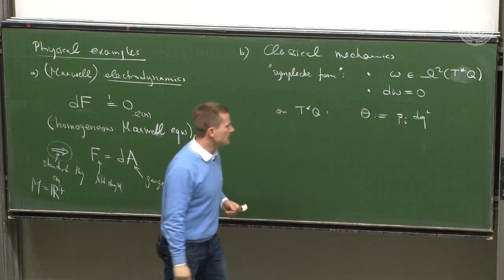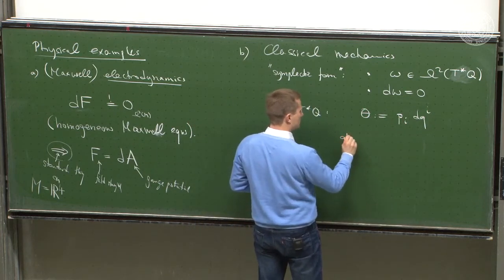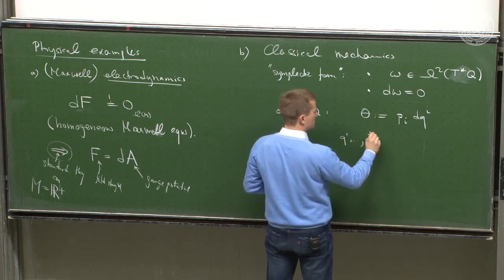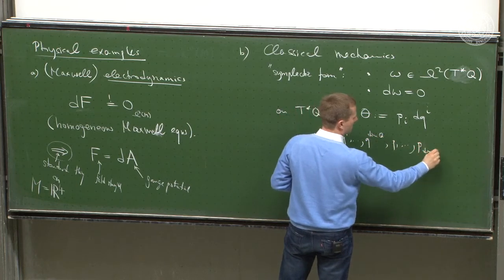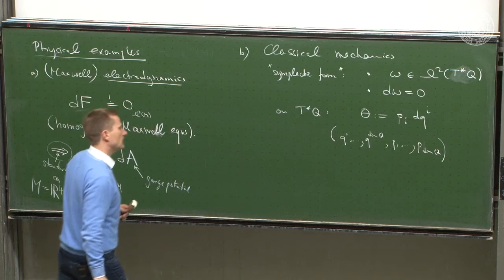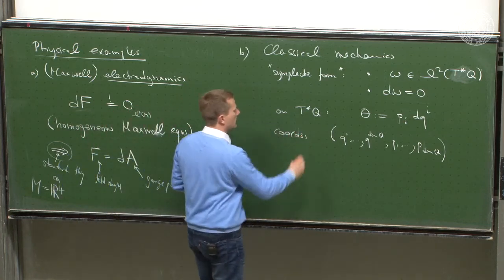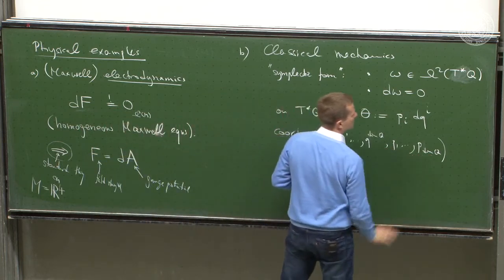What are p_i and q^i? Well, they are the components of a point in the cotangent bundle. So q^1 to q^dim Q, and then p_1 to p_dim Q, so these are coordinates, right? Very much like we construct a coordinate system on the tangent bundle, you can construct one on the cotangent bundle.